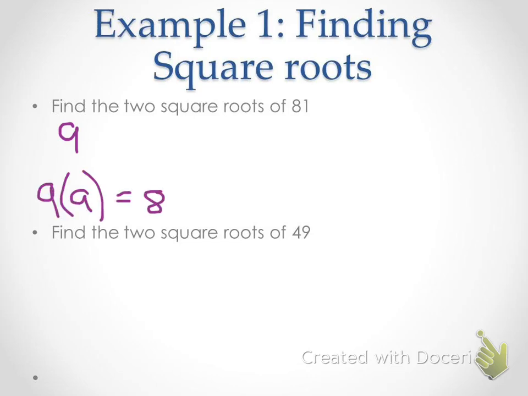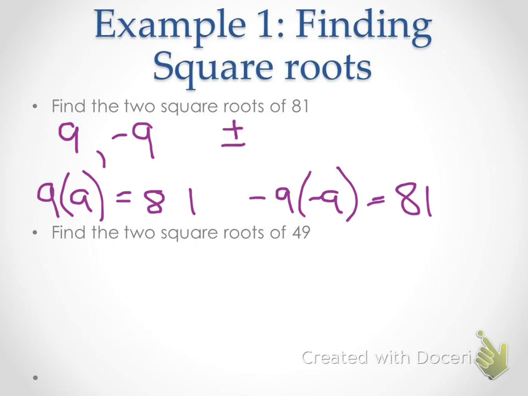But is it true that negative 9 times negative 9 is also 81? Yes, because when I multiply a negative by a negative, that's an even number of negatives, so it's a positive answer. So the 2 square roots are 9 and negative 9, and I write that as positive and negative 9, stacked on top of each other out in front of the number.